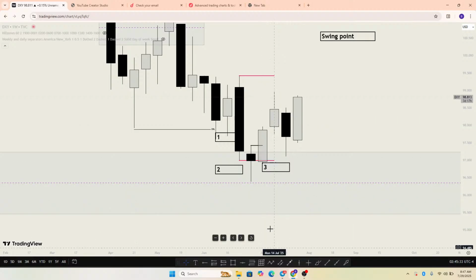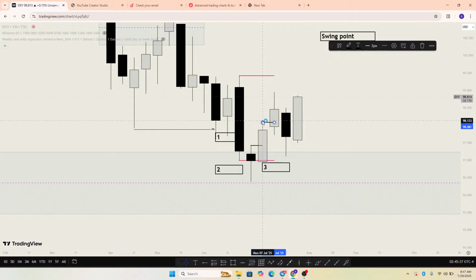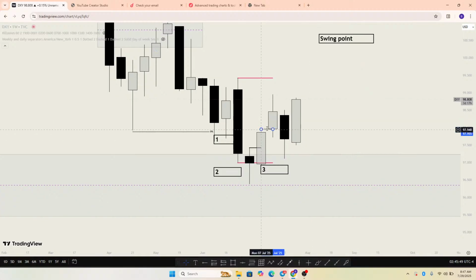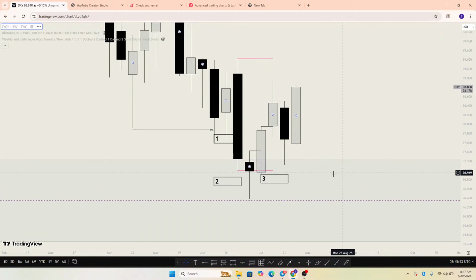And we see that the next candle was what? Was bullish, and price closed above it. You see, price closed above it. Now, the next candle, we see that price came back into an institutional reference point. Why?